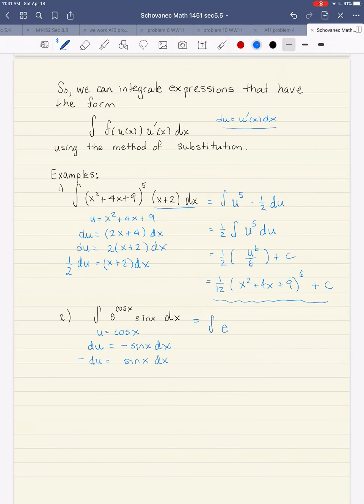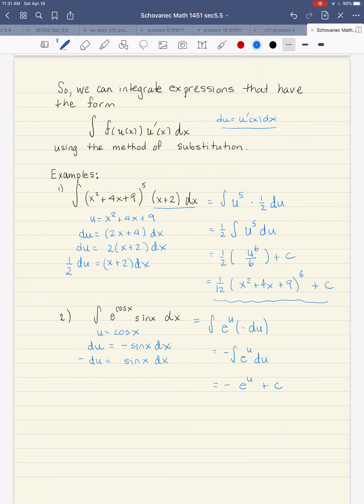And now I've got pieces for each trig function in my integral. I'm going to rewrite the cosine as u, and sine of x dx is minus du. Again, that minus sign represents a factor of -1. I can pull it out front.